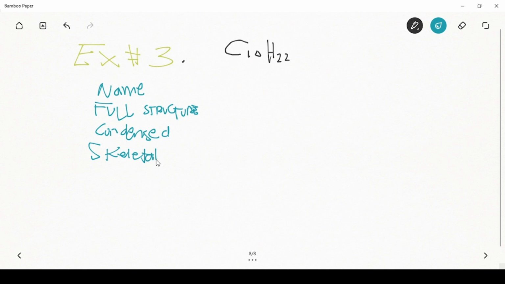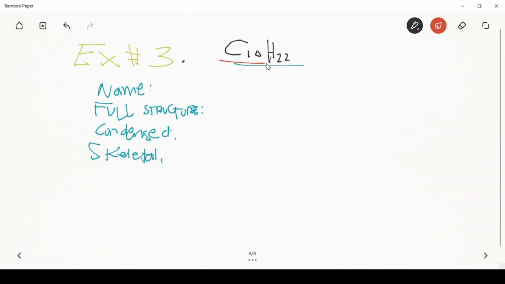So these are the things that we are going to identify or draw: the name, the condensed, the full structure, and the skeletal of C10H22.